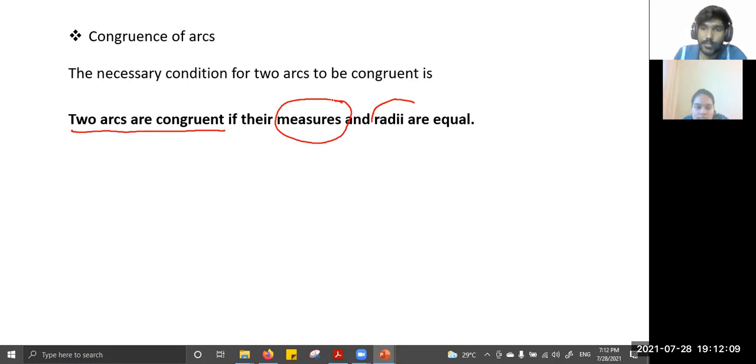For example, if one is 40 degree, the other one also should be 40 degree. So first thing, check their measures. The measures should be same. Second, you have to check the radius of the circle to which it belongs. So if the measures are same and if the radii are same, then you can say that those two arcs are congruent to each other.